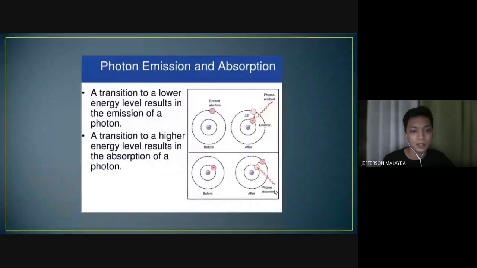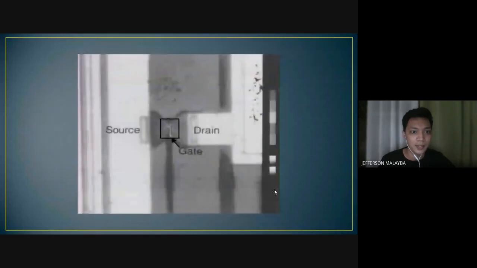So, ang isang example nito is yung next one. Ayan. So as we can see from the example, yung isang typical transistor natin which comprises of source, drain, and gate. As we can see, yung gate natin banda is nag-illuminate siya, meaning meron tayong gumagalaw na electron. So, anong meaning nun?